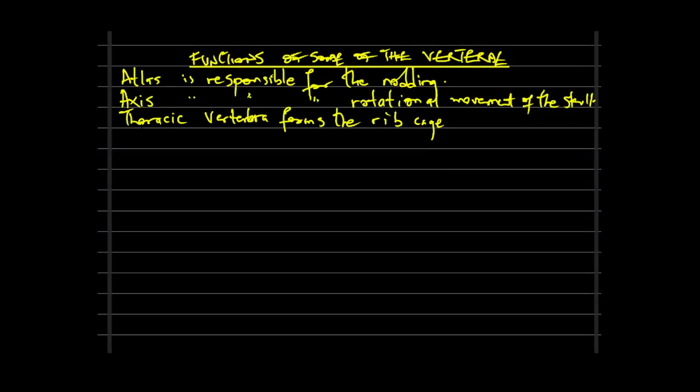Then we have the lumbar and the sacral forming the abdominal bones. So as we said, the atlas is responsible for the nodding, the axis is responsible for rotational movement of the skull, and the thoracic vertebrae form the rib cage. So that is that about some of the functions of these vertebrae.